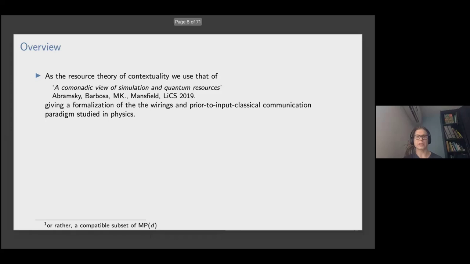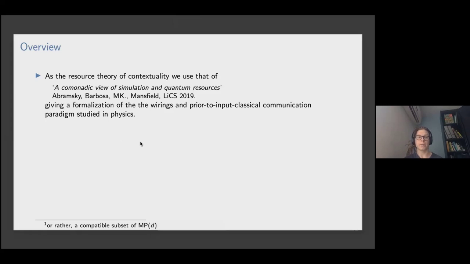So let's next discuss, still in a nutshell, how we make this slightly more precise. The resource theory of contextuality is not something that I develop in this work. I just take it from earlier work with Samson and Rui and Shane.